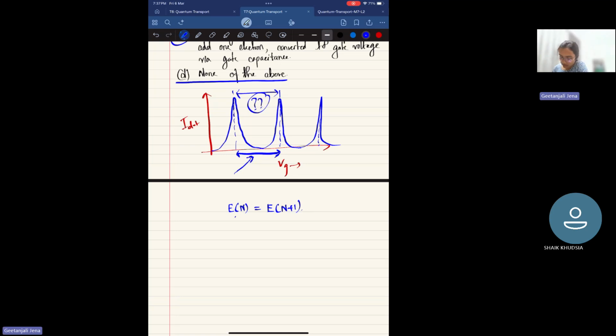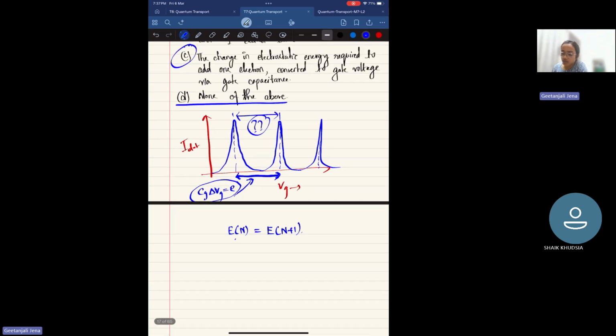Okay, so this spacing, which is Cg delta Vg, is equal to E. So this says that whatever the spacing is between this periodic oscillation, it corresponds to the electrostatic energy required to add one electron, and this is converted to the gate voltage via the gate capacitance, which is Cg delta Vg equals E. Okay.